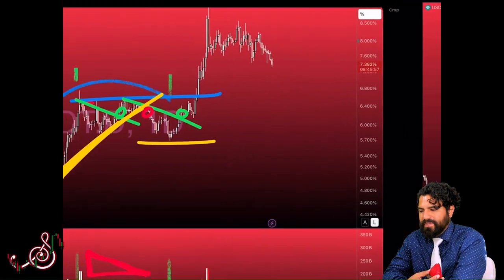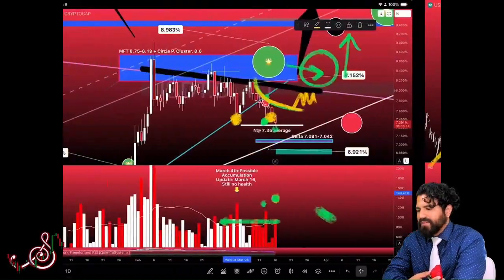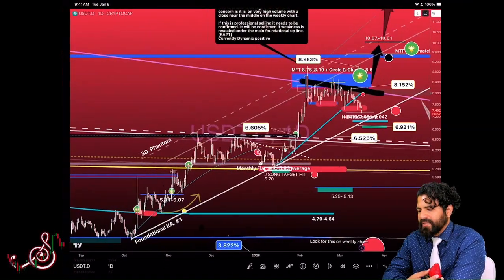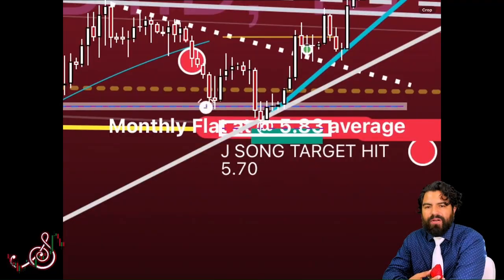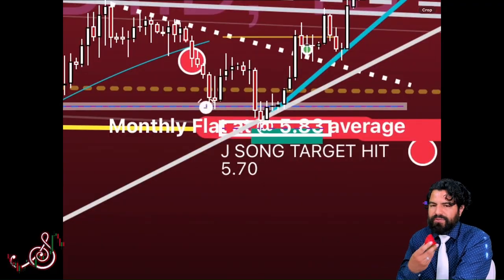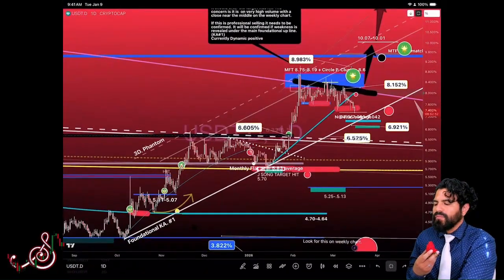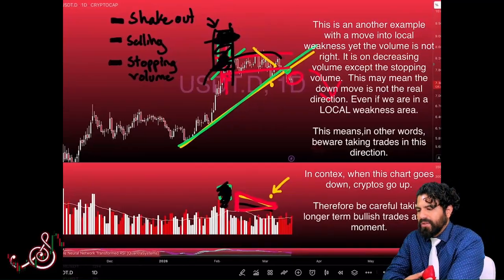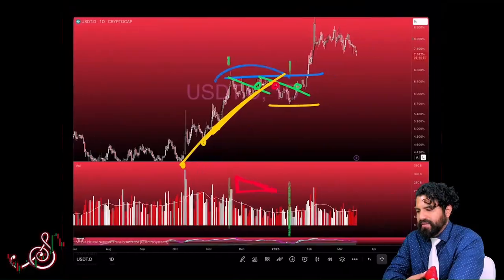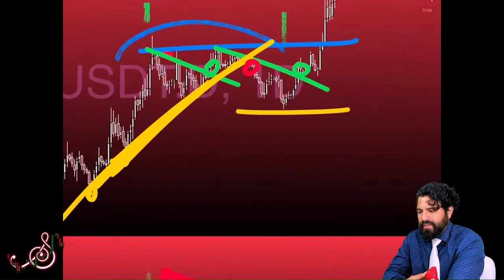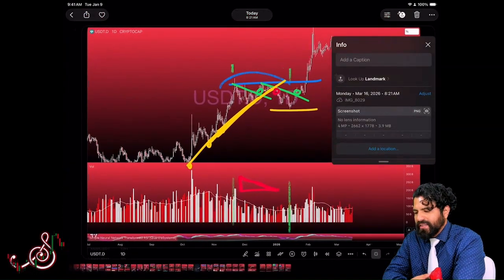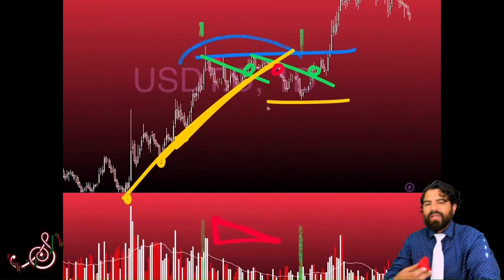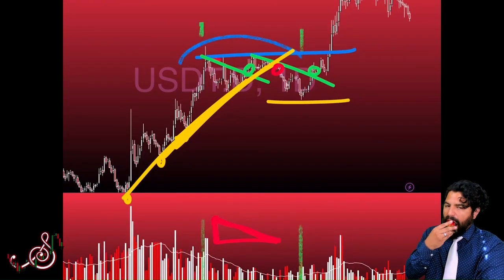We need this because of the larger USDT.D support right there from the parabolic move way back from 2022. Okay, so we know that. So when you see these with the local weakness, not that one, this one, local weakness, and the volume is on decreasing volume, as if there was not a campaign to really bring us down.